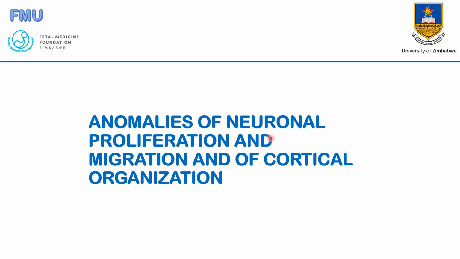Right. So I've gone through the posterior fossa defects. I'm now going to the neuronal migration disorders, neuronal proliferation and migration disorders. I'm not going to go much into embryology, but neurons, during embryogenesis, start somewhere else in the brain.